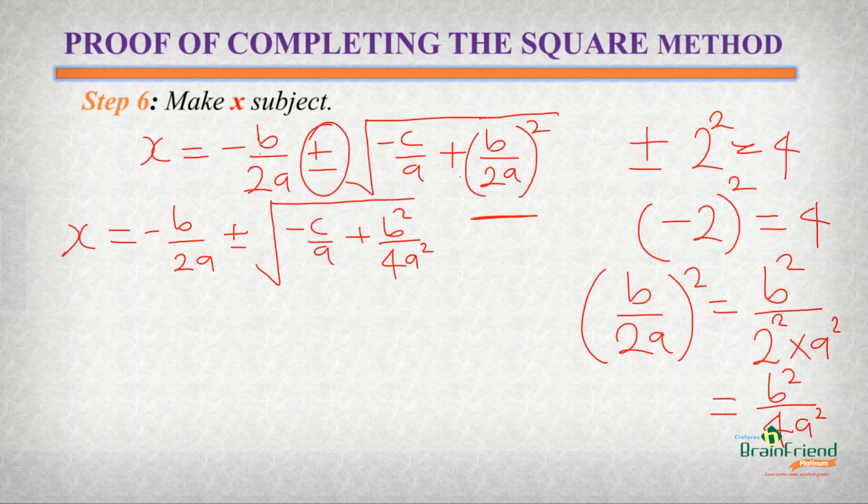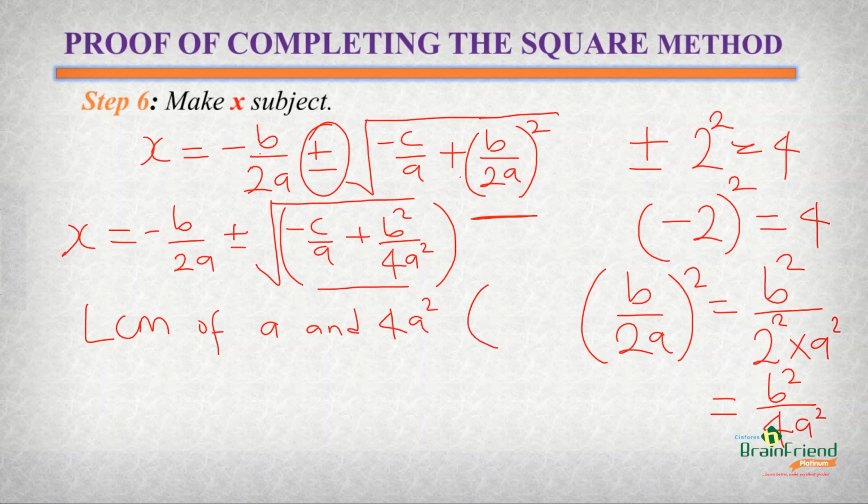Now, let's take the LCM of these values in here. What's the LCM of the denominators, which are a and 4a squared? It is 4a squared. Now, to continue, we can now say that both of them have an LCM of 4a squared, right?